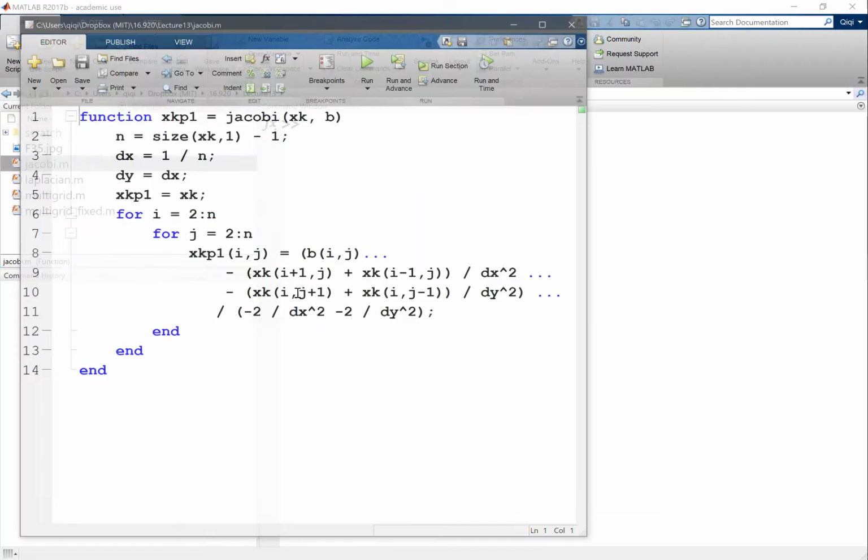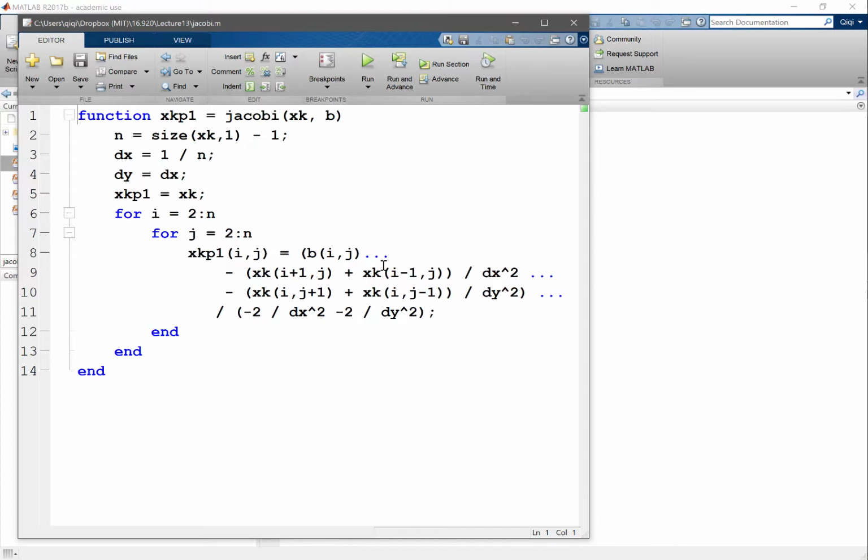And then we wrote our code for the Jacobi iteration. The Jacobi iteration takes a solution, let's say UK, and returns UK plus 1. First it computes the size of the array in order to compute dx and dy, and then it sets UK plus 1 equal to UK just on the boundaries.